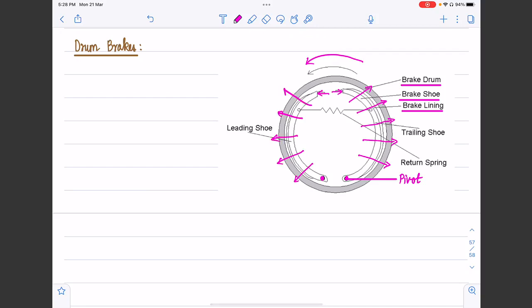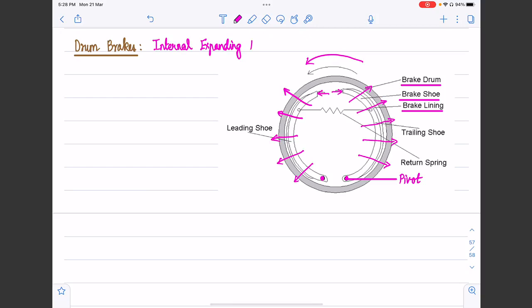Consequently, the brake lining rubs against the rotating drum, and a friction torque is generated. For this reason, these are called internal expanding friction brakes.